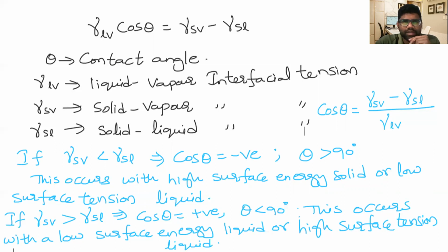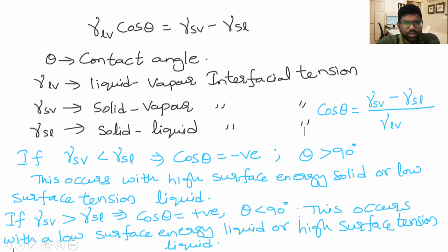Suppose gamma SV is less than gamma SL. In that case cos theta will be negative, as you can see in this equation, and theta is greater than 90. This occurs with a high surface energy solid or low surface tension liquid. For gamma SV greater than gamma SL, cos theta is positive and theta is less than 90.